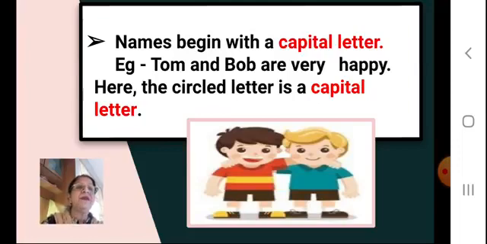The circled letters T and B are capital letters. Why? Because Tom is a name and Bob is also a name. So again remember, names always begin with a capital letter.